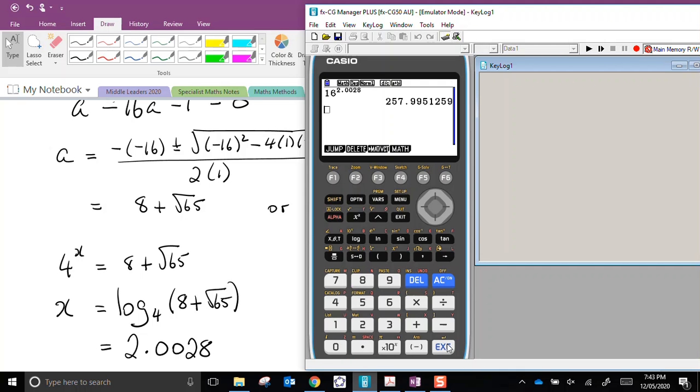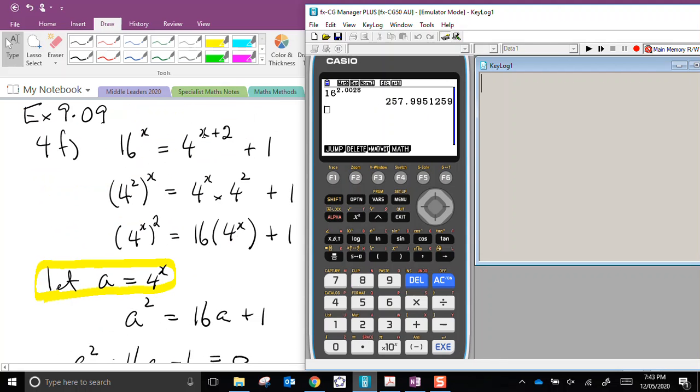That's rounded off. So there's the left-hand side of my equation. Now what about the right-hand side? 4 to the power of x plus 2. So I thought the answer was 2.0028 plus 2 in the exponent, and then add 1 to that.